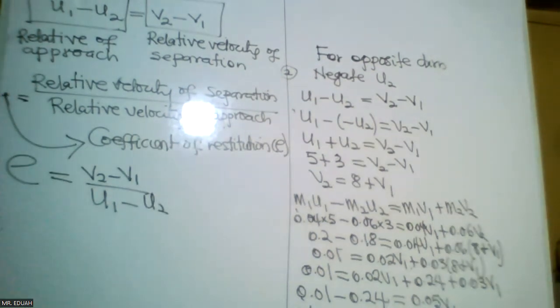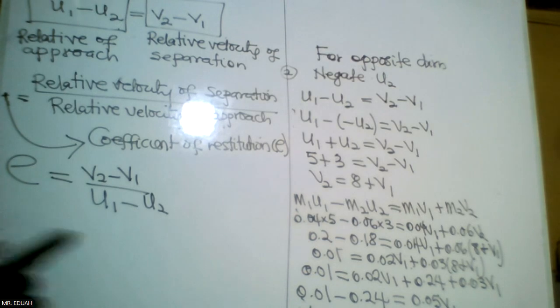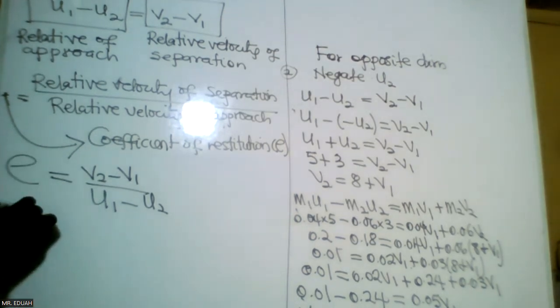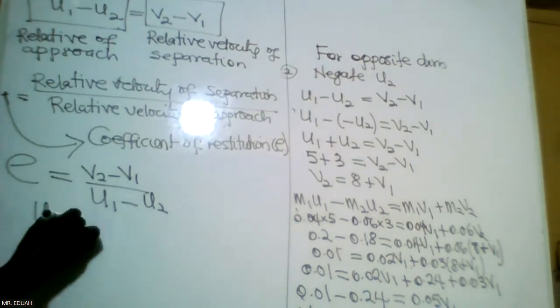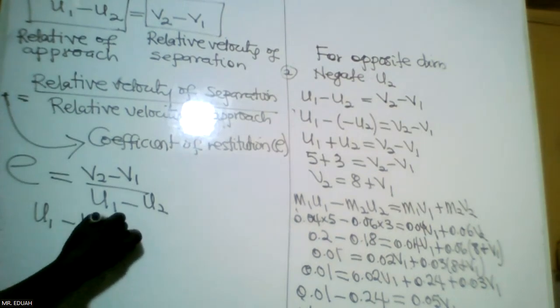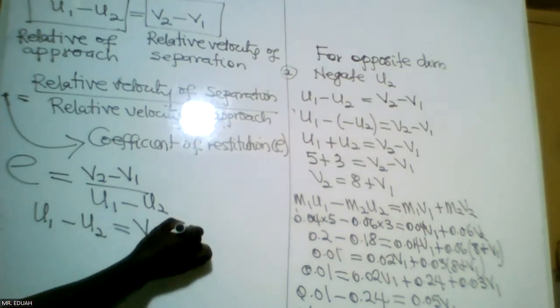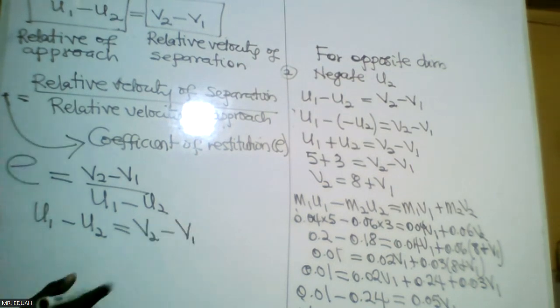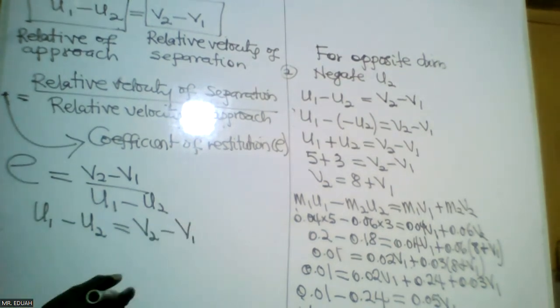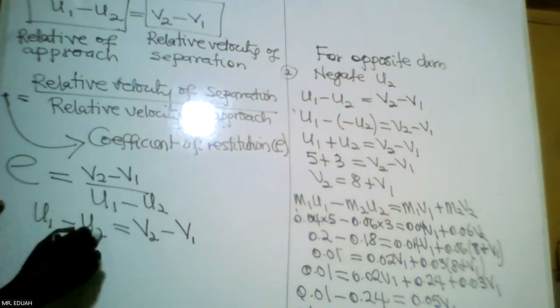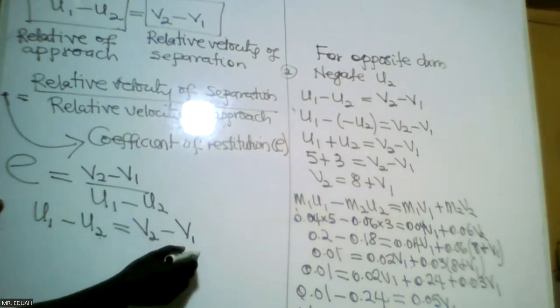You may see it differently in other books. And this is how other books also represent the same thing. You see, we have U1 minus U2 is equal to V2 minus V1. Other books want the order to follow 1, 2, and not 2, 1.